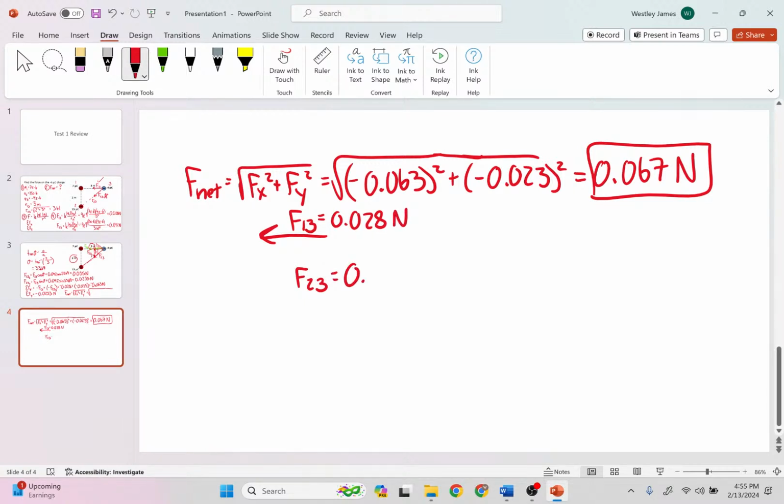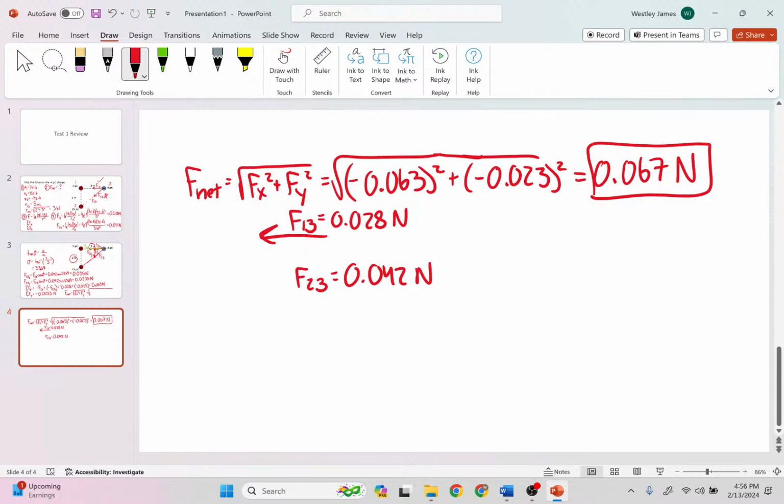F23 was 0.042 newtons. The size of the arrow corresponds with how big that force is. The bigger the number, the bigger the arrow. There's a reason why I'm saying all this. F23 is bigger, so it should have a bigger arrow.